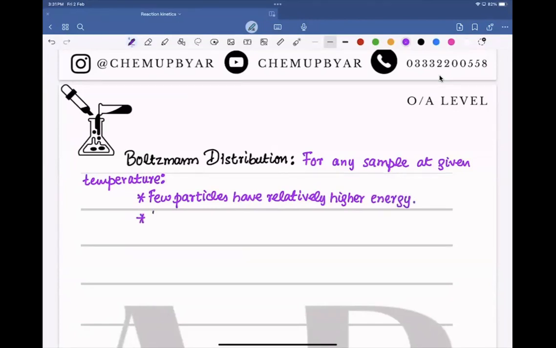In the same way, there are a few particles which have very low energy, and the rest, most of the particles, have energy in between these two limits. Is this understandable? Yes, sir.